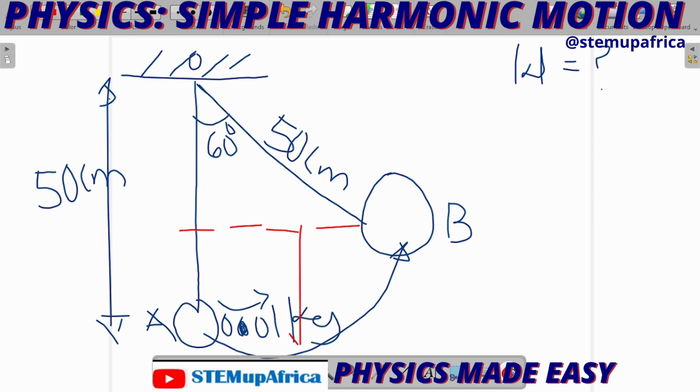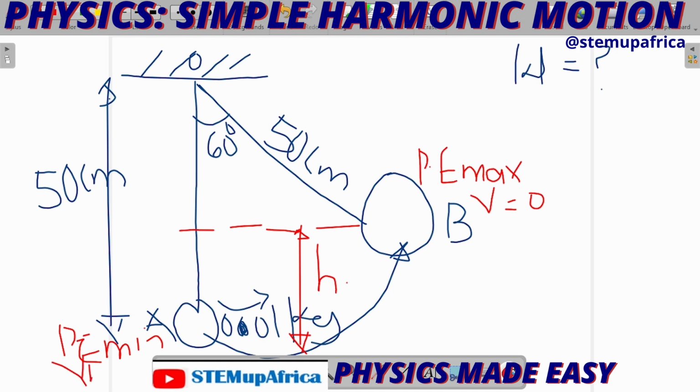Here is the height, so let's call it H. We don't know the height. At point B, PE is maximum and V is 0. Then at point A, PE is minimum and V is maximum. Then H at point A is 0.